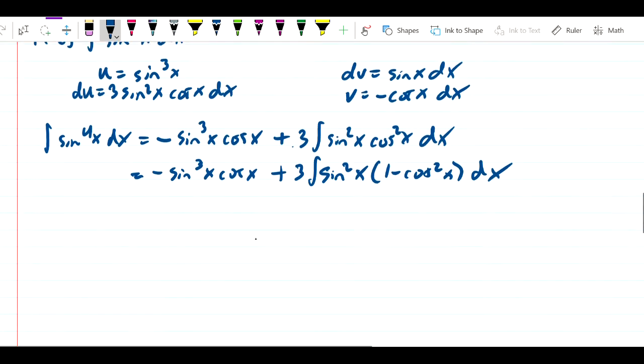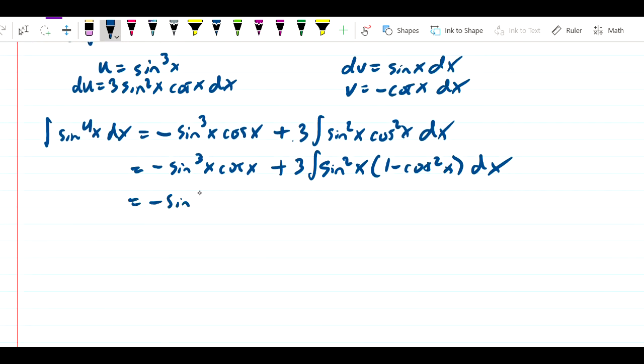That gives us negative sine cubed x cosine x plus 3 integral of sine squared x dx minus 3 integral of, sorry, I meant to write sine here, because cosine squared becomes 1 minus sine squared, so that becomes 3 integral of sine to the fourth x dx.